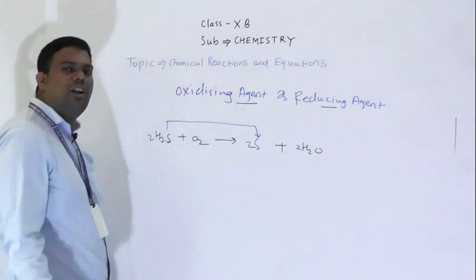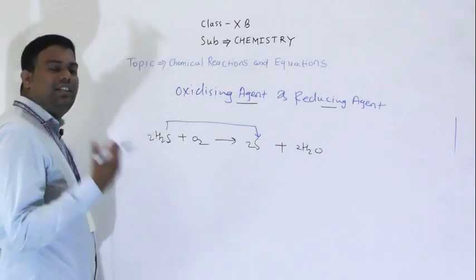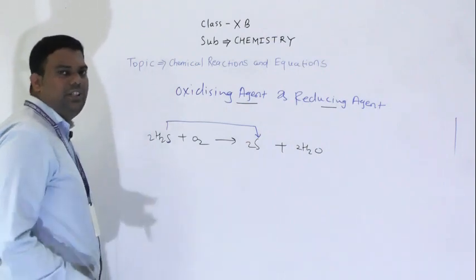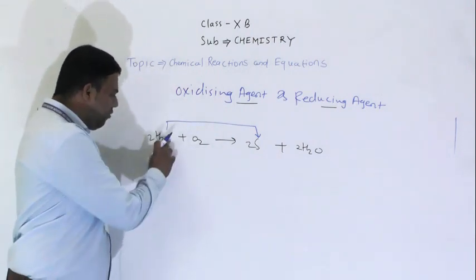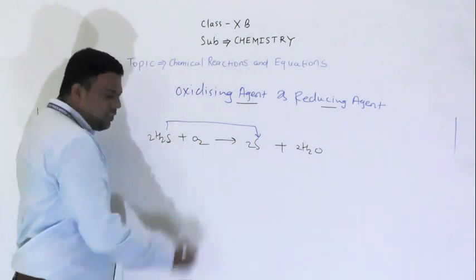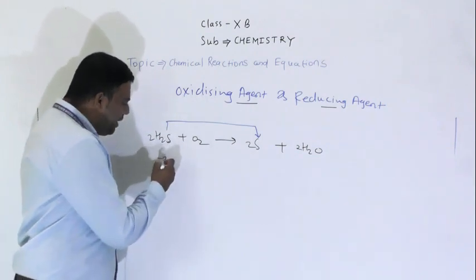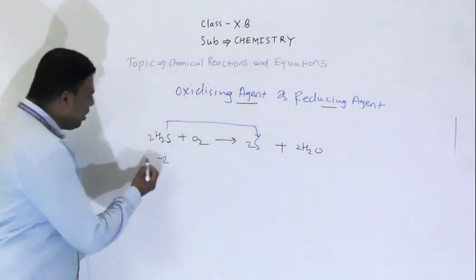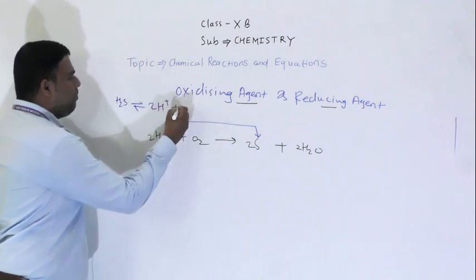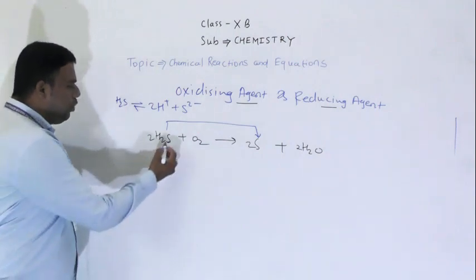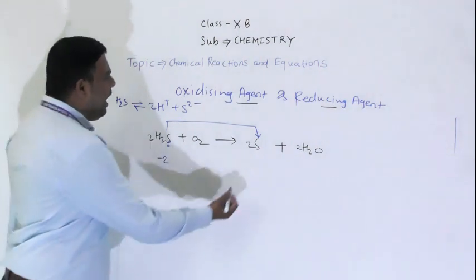According to our modern concept, loss of electrons, or increase in oxidation number, is oxidation, and decrease in oxidation number is reduction. In H2S, H2S breaks into 2H plus S2 minus, so the oxidation number of sulfur is -2.